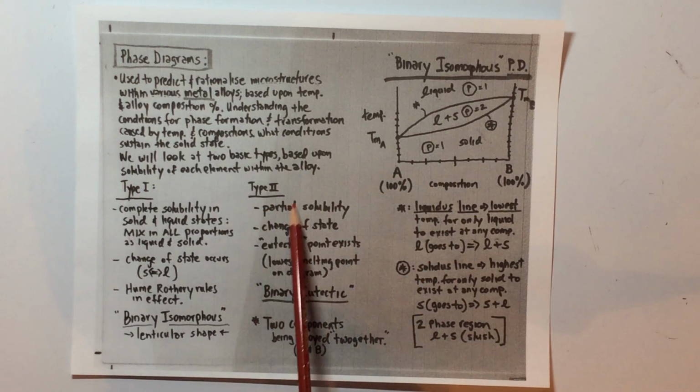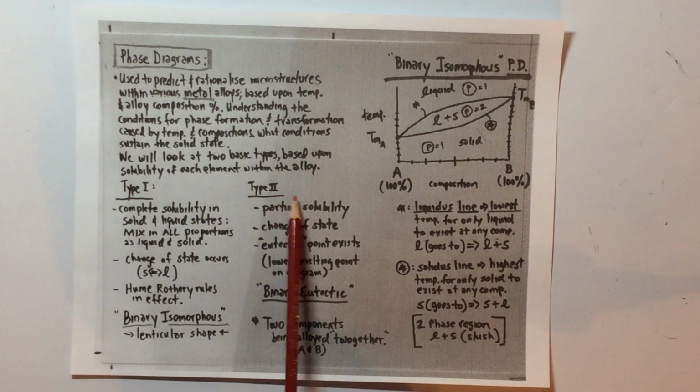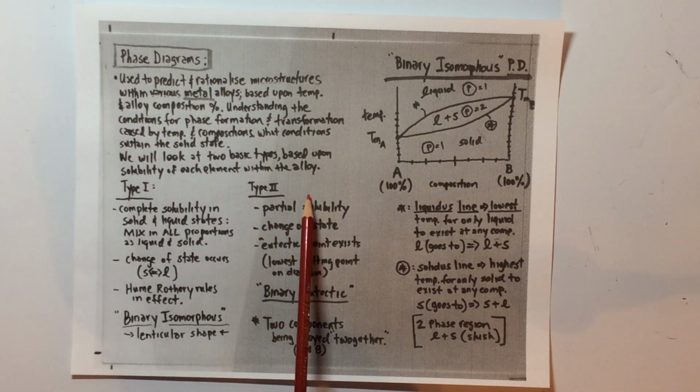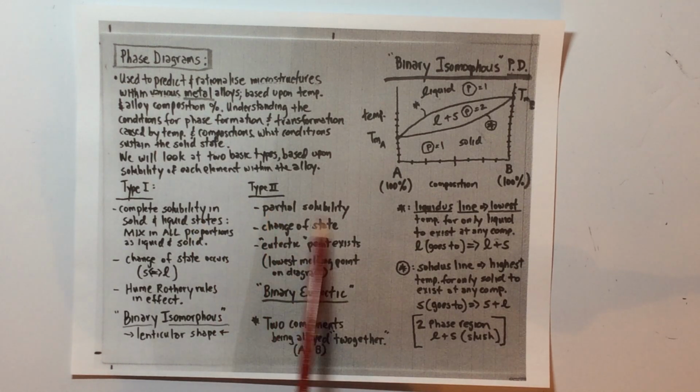The second type, which we probably will not get to today but I'll start with probably tomorrow, is what we're calling initially, generically speaking, type 2. That does not have complete solubility, has only partial solubility with the two elements.